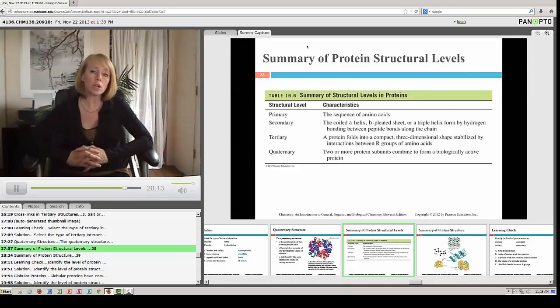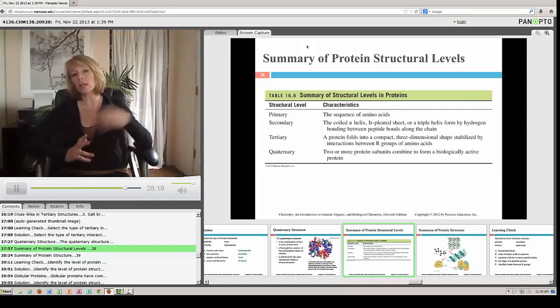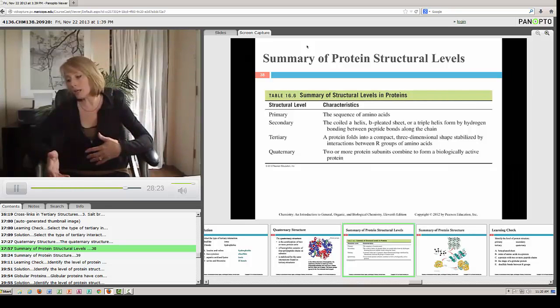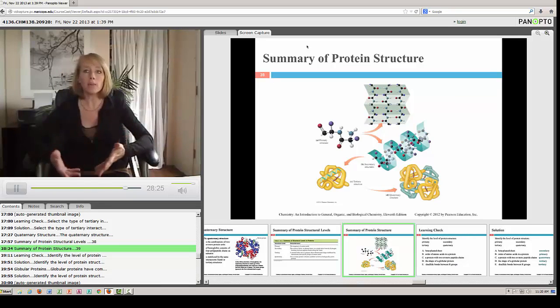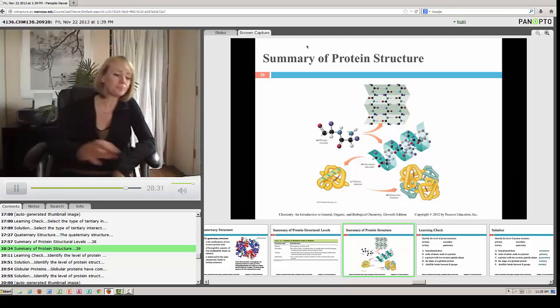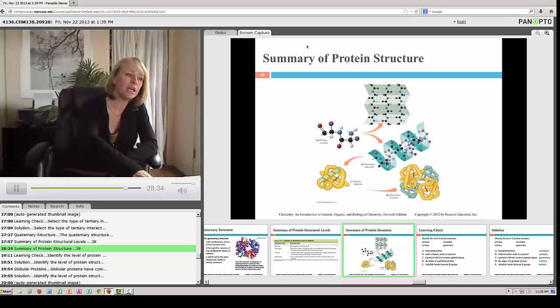The tertiary structure, of course, is defined or influenced by all of those different types of interactions like hydrophobic, hydrophilic, salt bridges, disulfide bonds, and polar hydrogen bond and polar interactions. Of course, the quaternary structure is a combination of everything that's put together into a functional protein.